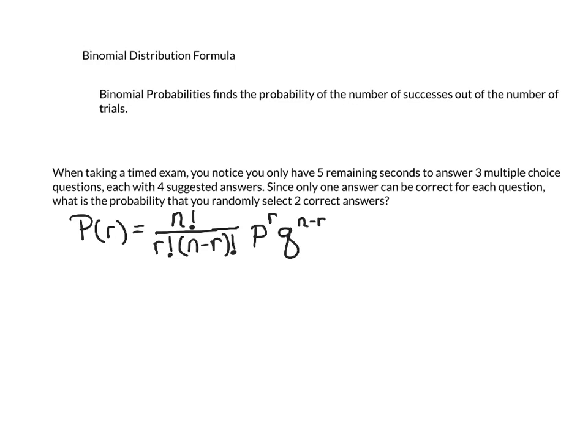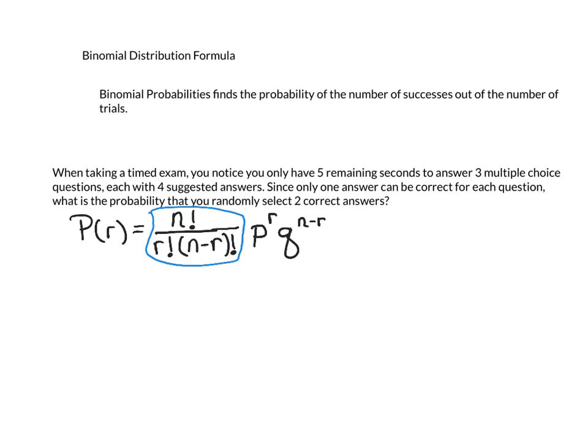Now, what you might notice here is that this portion of the formula is actually just the formula for combinations.